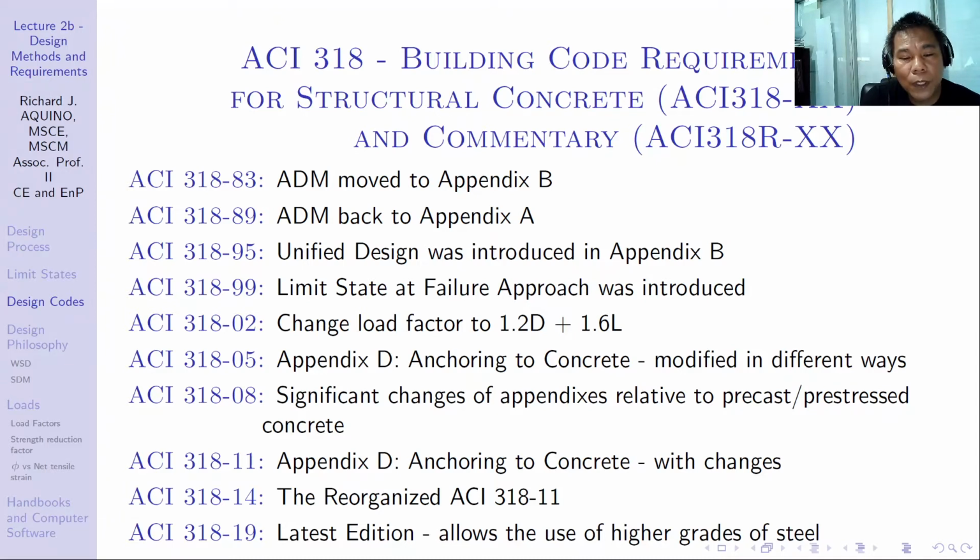So we can easily go around ACI after 2014. And in 2019, this is the latest edition, which allows the use of higher grades of steel.